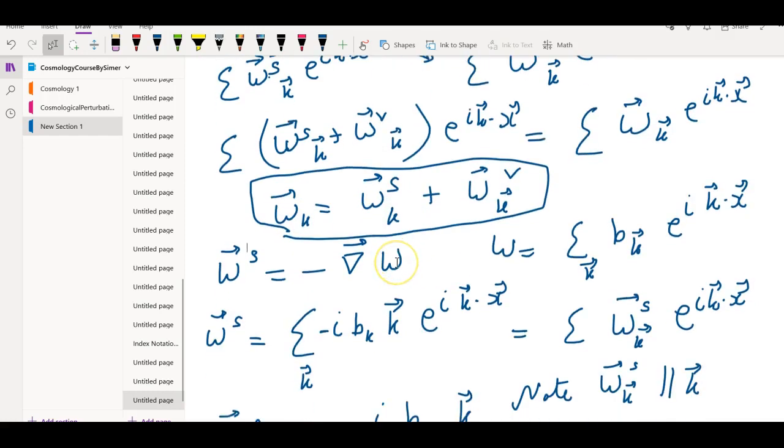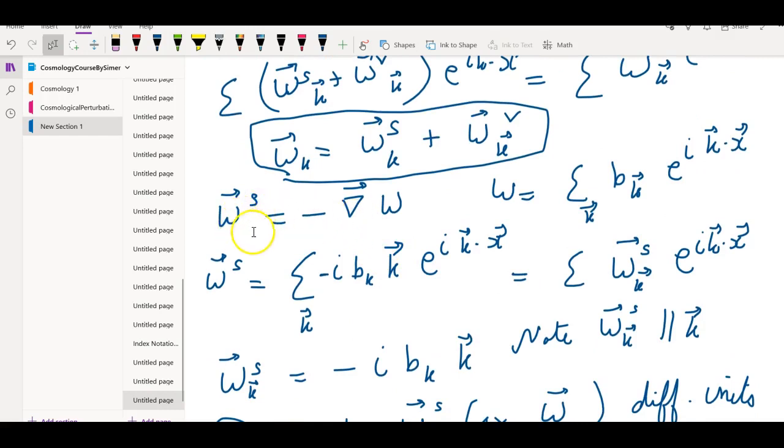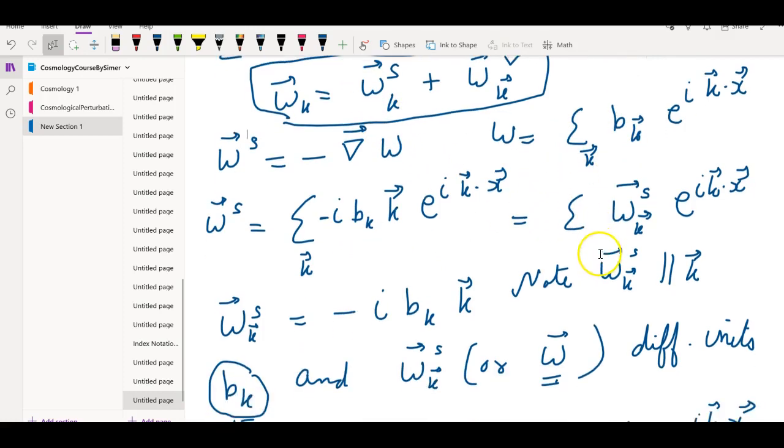And when we write this w in terms of its Fourier series, take its gradient, and after taking the gradient, when we look at its Fourier coefficient, we see that the Fourier coefficient of this curl free vector is parallel to k.